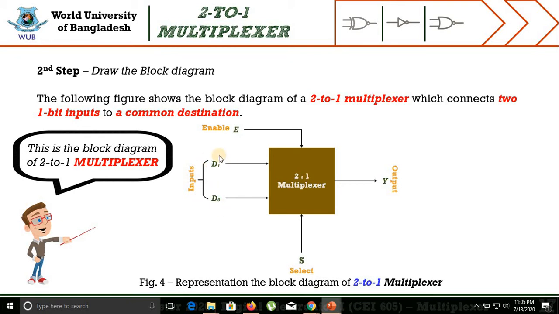One is the inputs and another is a special type of input named enable, symbolized by capital E, and the general inputs are symbolized by D0 and D1. In the middle section, the bottom part of the rectangular box, you may find one select line symbolized by capital letter S, and in the right section you may find the output symbolized by Y. So let's move into the next part.